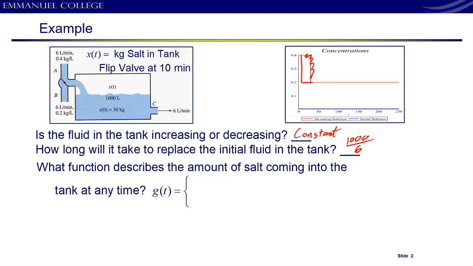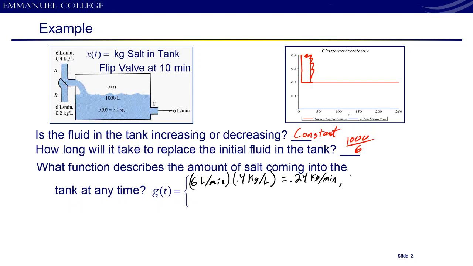So at the start, it's 6 liters a minute multiplied by the 0.4 kilograms per liter to give us 0.24 kilograms per minute for the first one.